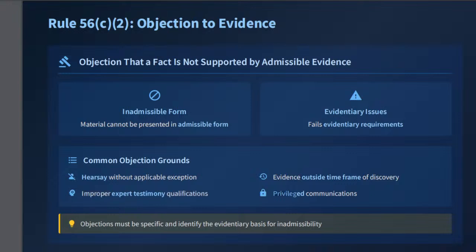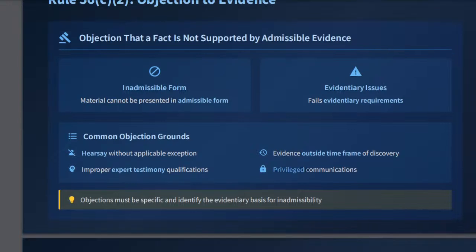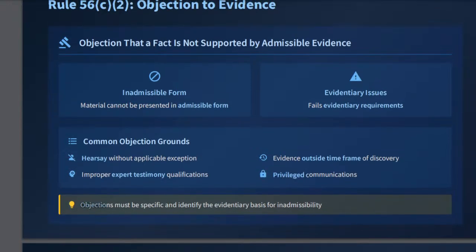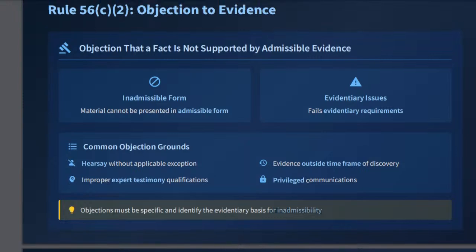And then there are privileged communications, ones that can't be admitted as evidence because the court can't really be privy to those communications in an admissible form. And finally, objections must be specific and identify the evidentiary basis for inadmissibility. All right, let's move on.